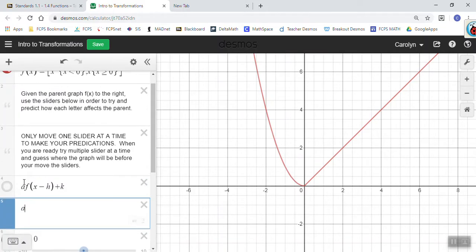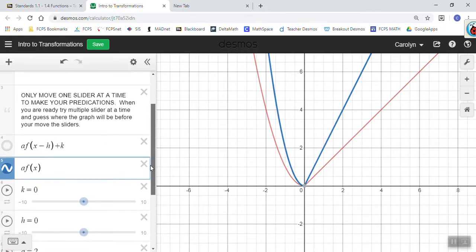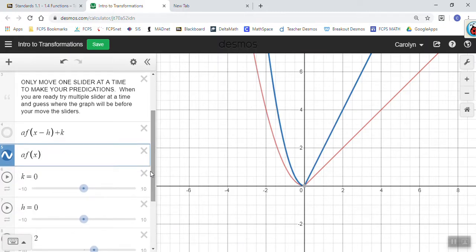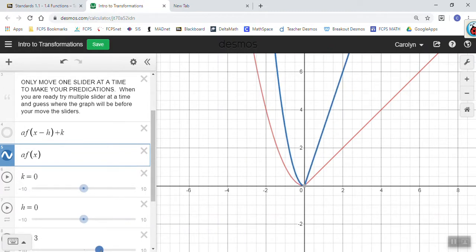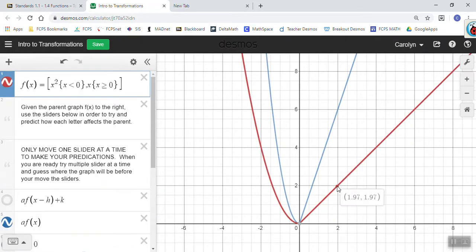Okay, so let's add a simpler version here. It's blue. A times f of x is a times the y value. So let's do 3. If the y value used to be 2, what's it going to be now? 6.